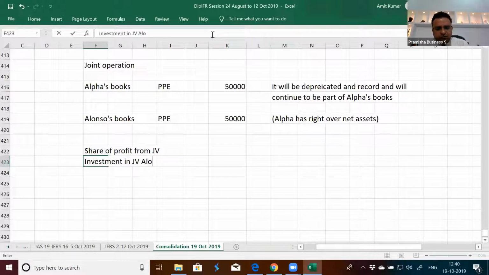Investment in JV Alonso. The share of profit from JV will form part of P&L.